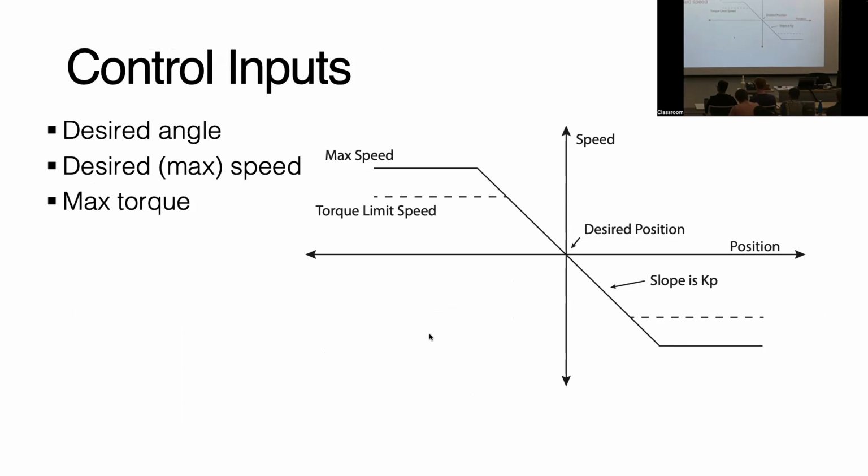And then it will only move at the maximum speed. Now, if you also have a torque limit, it will move at that speed until it hits that torque limit, and then it will only move at a speed where the torque is at the limit, all right? So when you set the position in this region, it's working linearly, but if you exceed either max speed or max torque, it's going to be nonlinear.